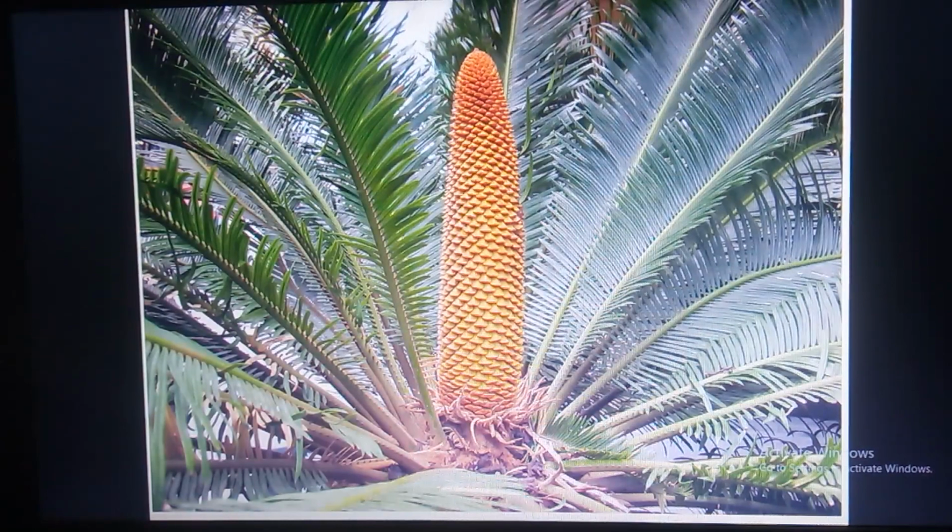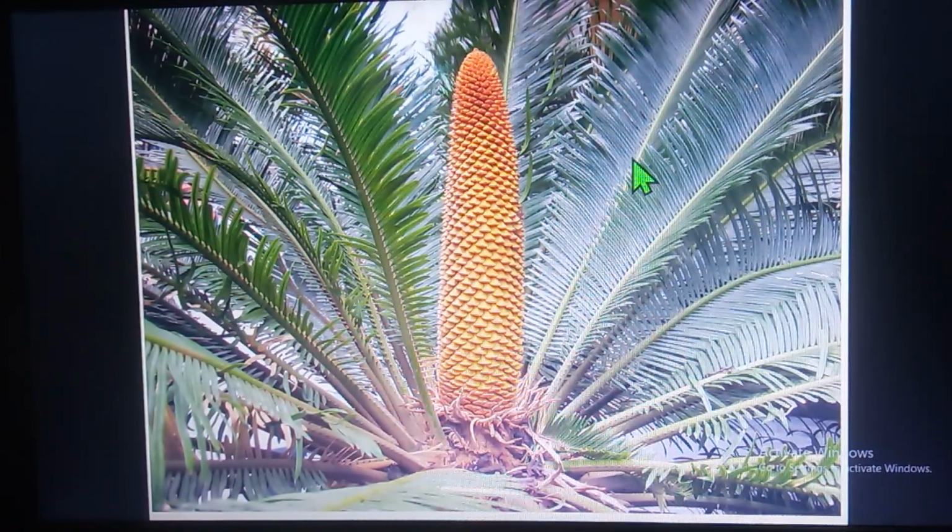So if we take a look at the male plant, what do we see? It produces the microsporophylls. We can see here many microsporophylls which are arranged in the form of a compact cone. Here we can see this is the male cone.